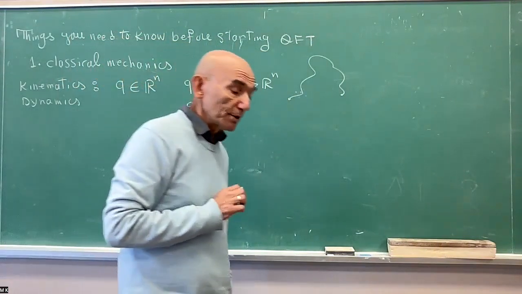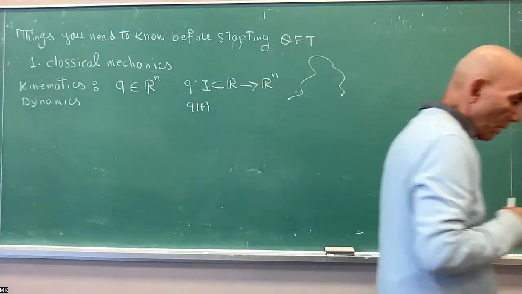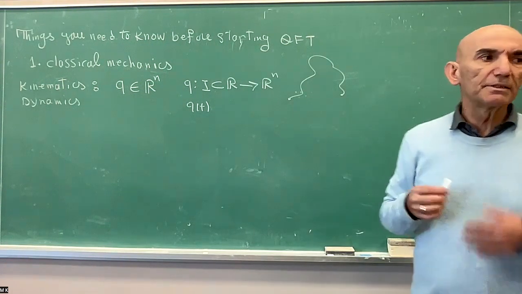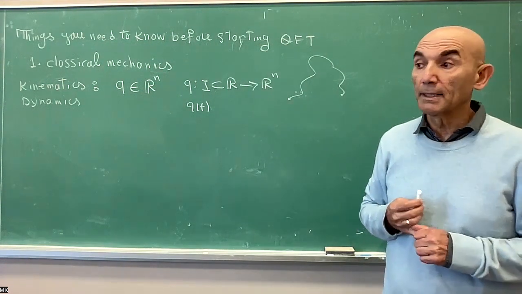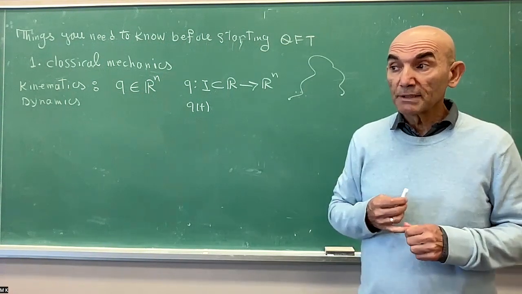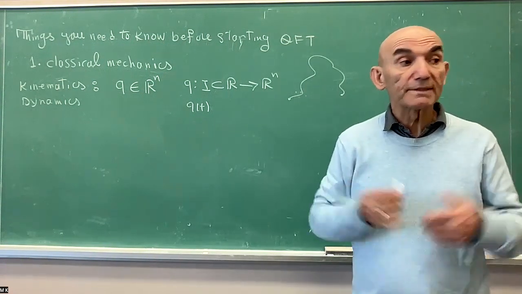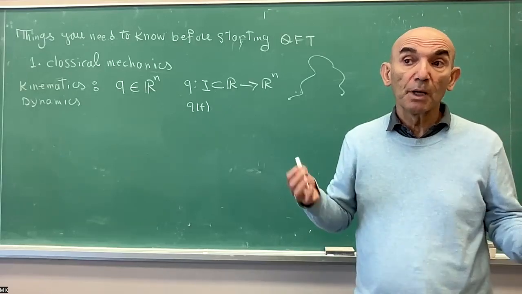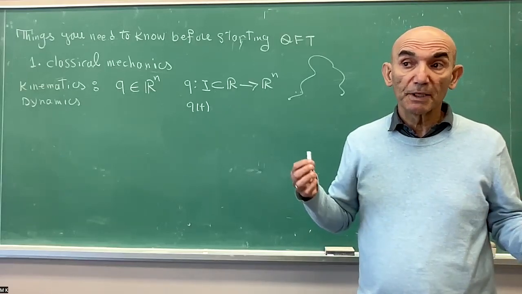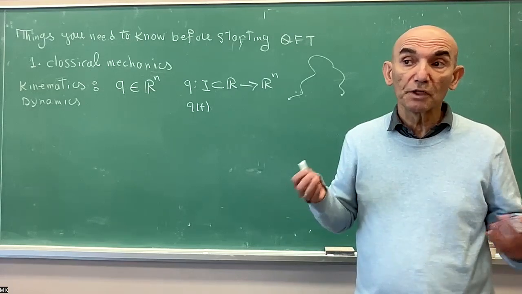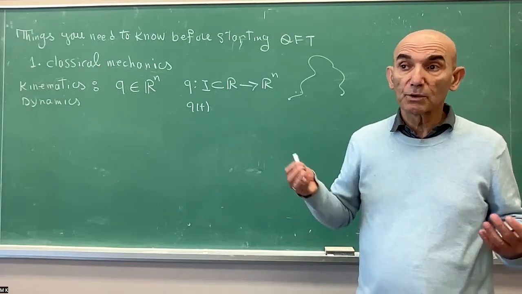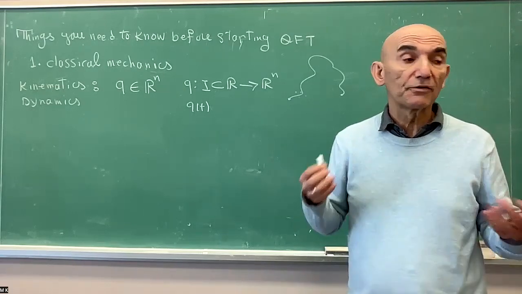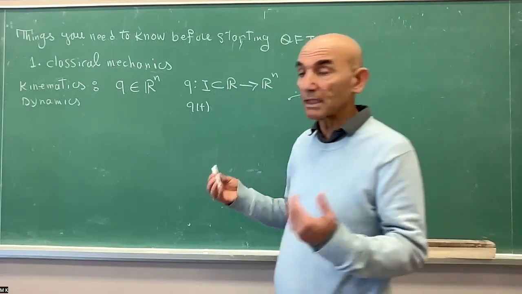But even more important, we need to think of Q as a collective coordinate for not maybe one particle, but a set of particles. If you have k particles, each of them moving in three-dimensional space, the total coordinate would be 3k. So n would be, in that case, 3k.